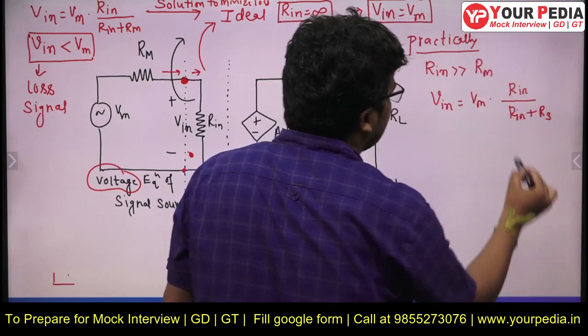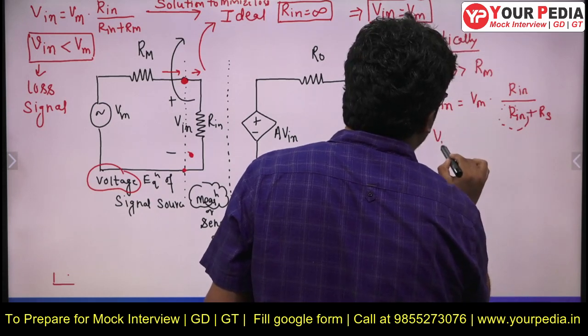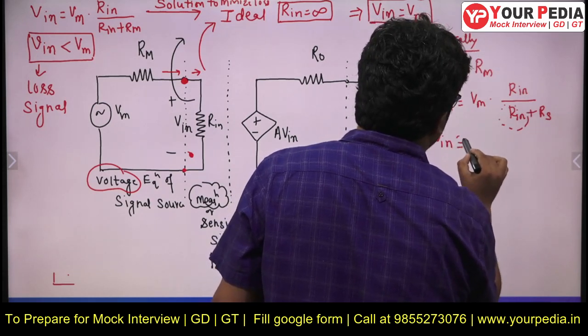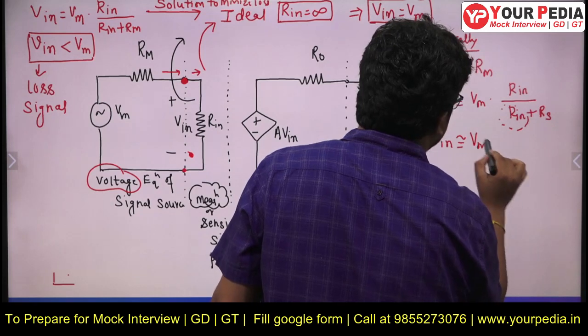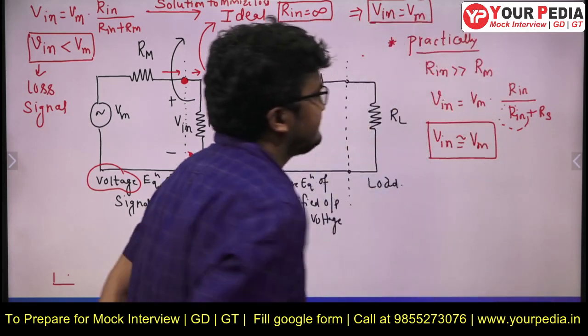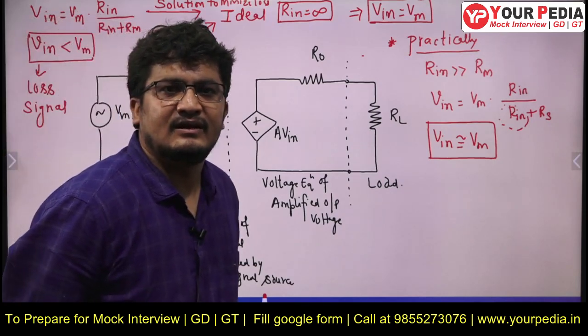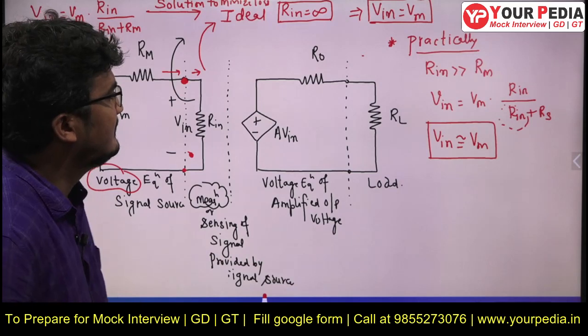If this factor is very much greater than this, I can write my input voltage is nearly equal to the microphone voltage. Check it please. So this is the first method.